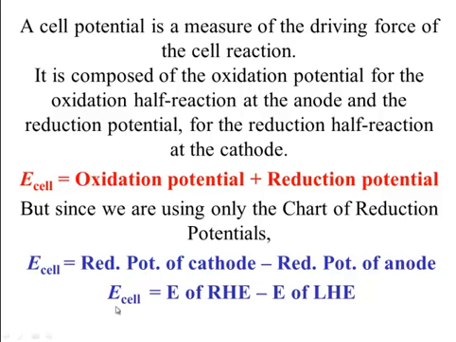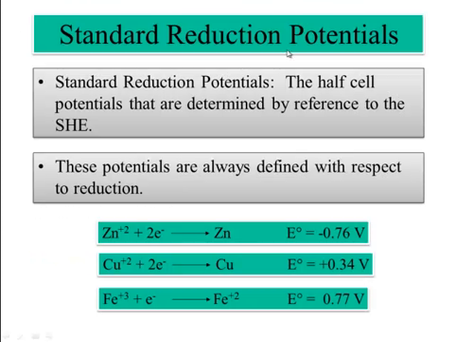Now you'll be surprised to know that it is almost impossible to determine the electrode potential of an electrode or a half cell. Why is this so? This happens because you cannot actually measure the potential difference between the rod and its surrounding solution.